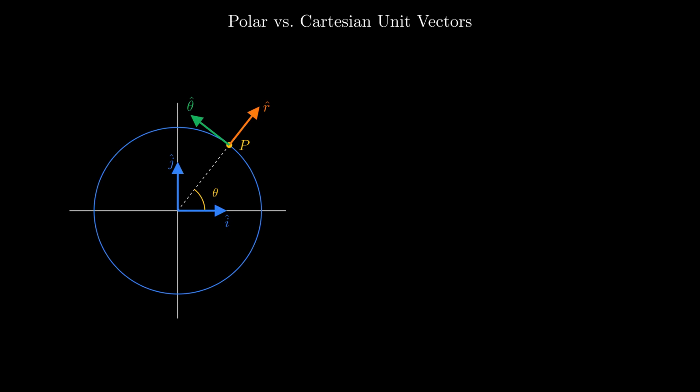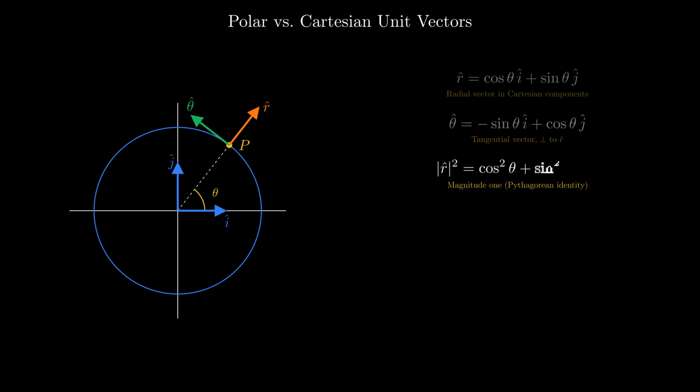At any point P, the polar unit vectors decompose into Cartesian components. The vector r̂ equals cosine theta times î plus sine theta times ĵ. The vector θ̂ equals negative sine theta times î plus cosine theta times ĵ. Let's check it.